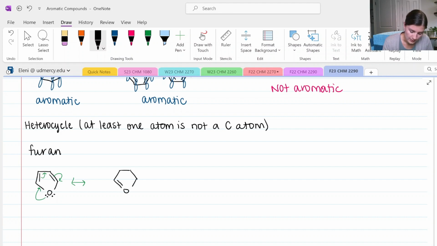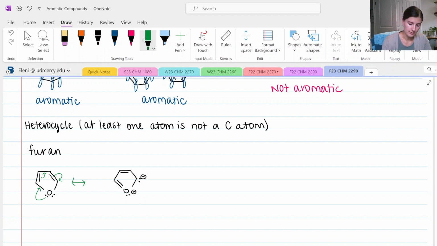So we have a new pi bond between oxygen and the carbon on the left, a new pi bond across the carbon-to-carbon bond on the top, and then a non-bonding pair on the carbon. Now we have a positively charged oxygen and a negatively charged carbon.